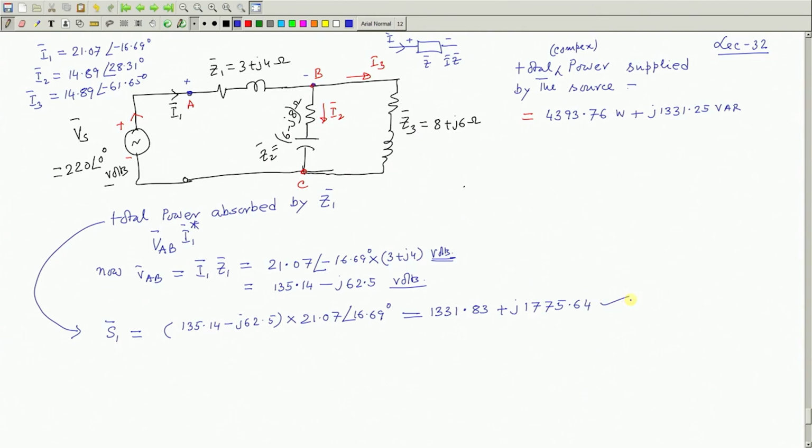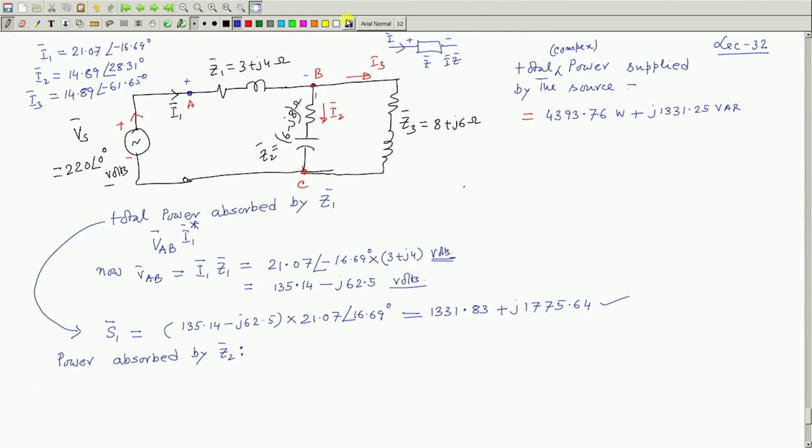Hopefully, it is correct. Similarly, I will calculate the power absorbed by Z 2. I am stressing upon this point, I am calculating power absorbed by Z 2. So, once again this voltage should be known. So, let me write in longhand, power absorbed by Z 2, which will be equal to, say, S 2.